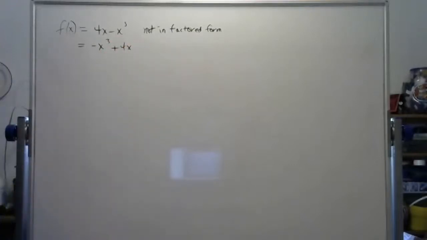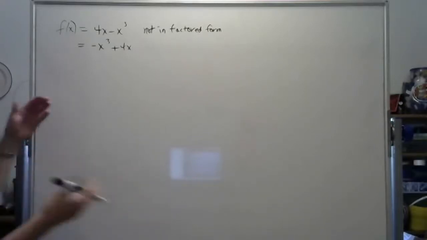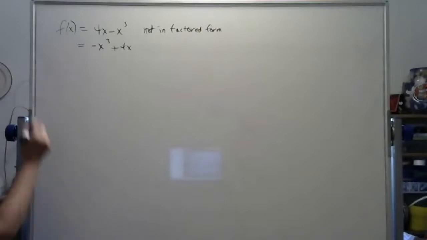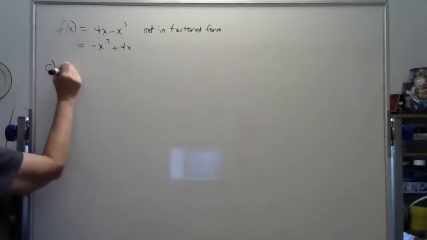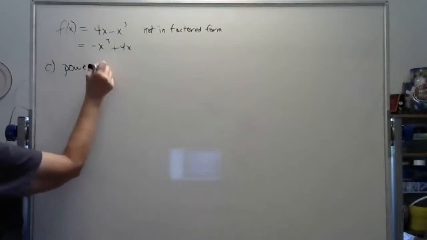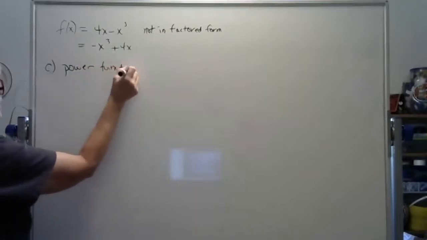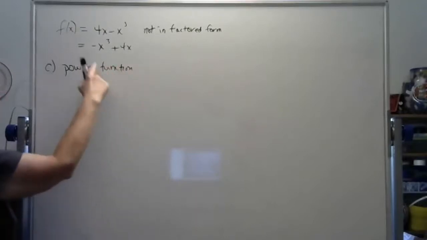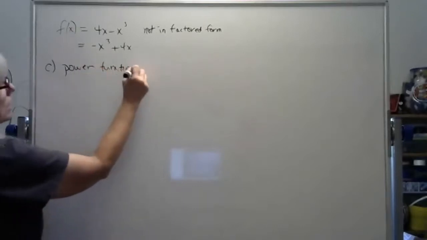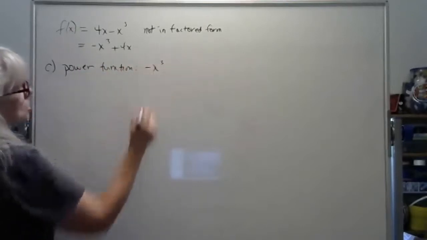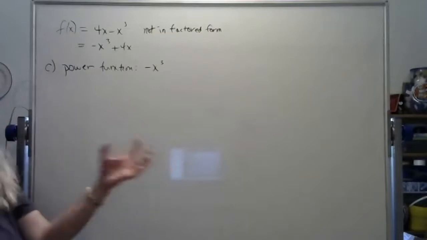Now there are parts that we can tell from this point of view. So I don't normally like to do things out of order, but I'm going to go look at part C, which talks about the power function and the end behavior. And the reason I'm going to do that is because I can see the power function right off the bat. So I know my power function is negative x cubed. Because it's in standard form, I don't have to mess around with it.